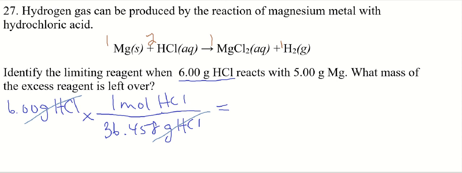Whew, spicy. 0.16. I'm going to round here. No, I'm not going to round, because this is not any kind of final answer, so I'm going to need these numbers later to be precise. So I'm going to take it out to 4 digits. 0.1646.